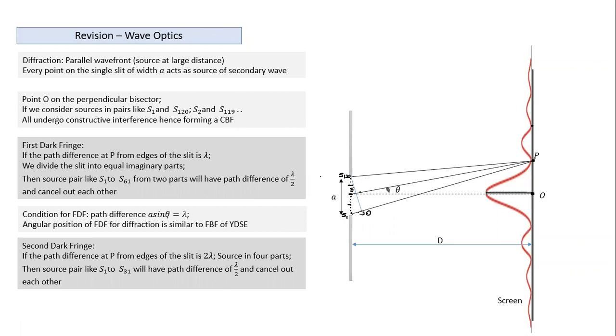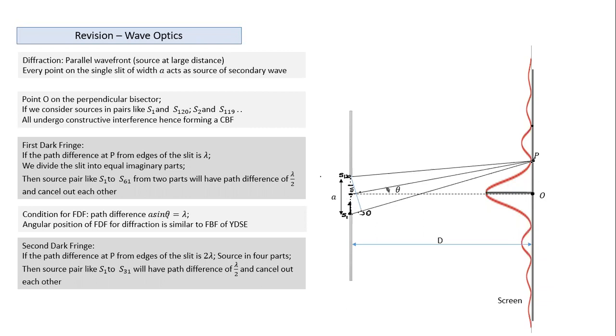And again S1 and S31 will have a path difference equal to lambda by 2, since the total is 2 lambda divided by 4. So the path difference between the extreme ends of a quarter of the opening will be equal to lambda by 2. If I take one source here and one source here, and likewise keep taking pairs, the path difference between such pairs will be lambda by 2, and all will cancel out each other.